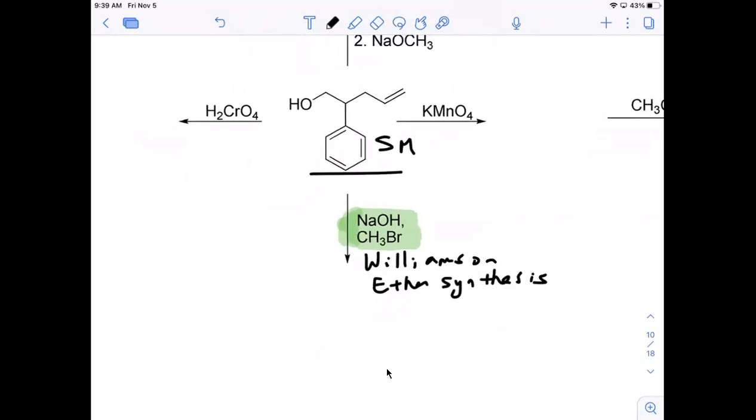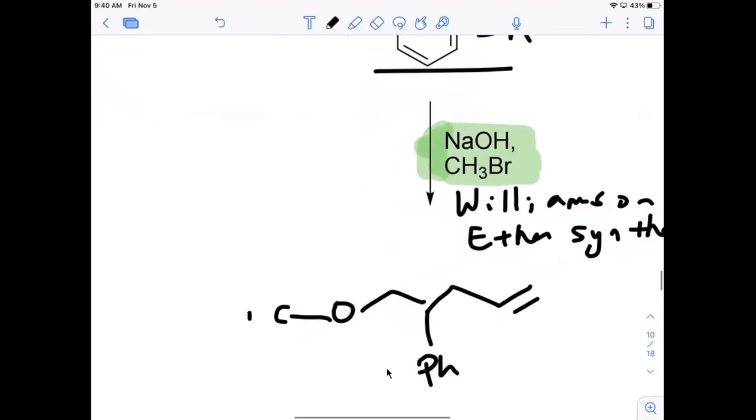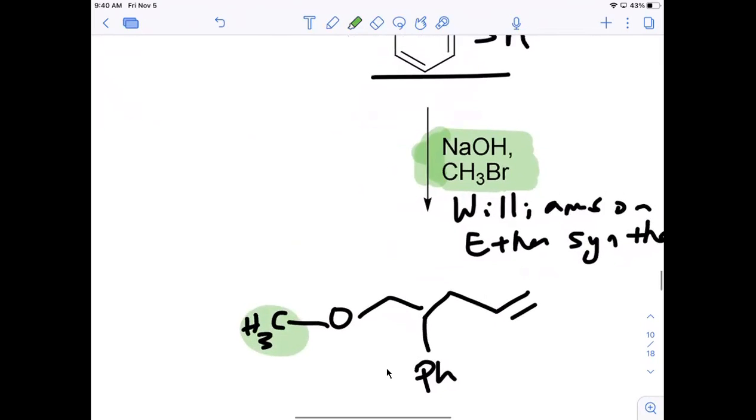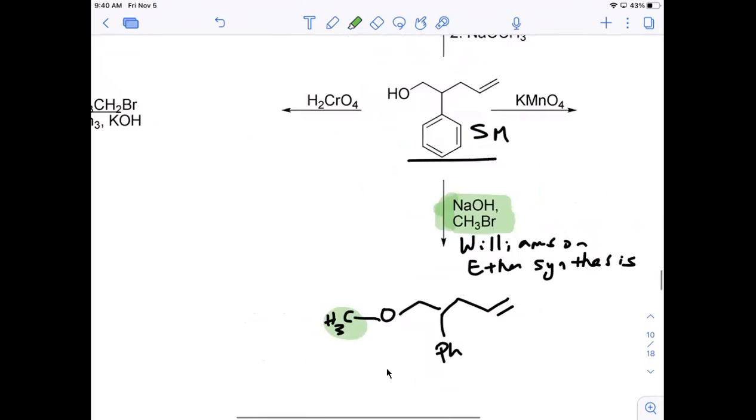Right, so if I take that alcohol and treat it with sodium hydroxide and then add in, I'm just going to abbreviate that, add in methyl bromide, right? It's a way to make an ether, because it's that CH3 group from the alkyl halide that's going to end up bonded to my alcohol.